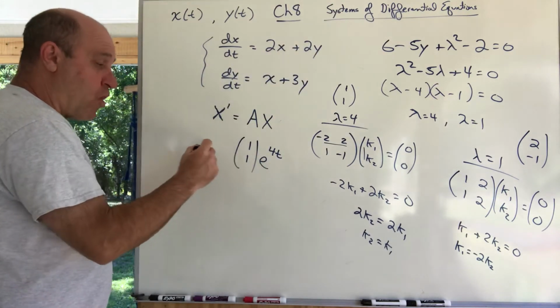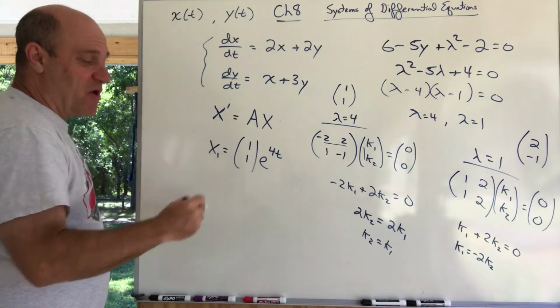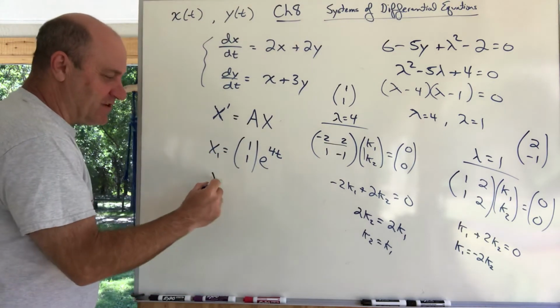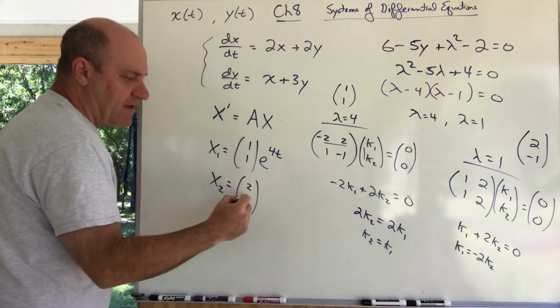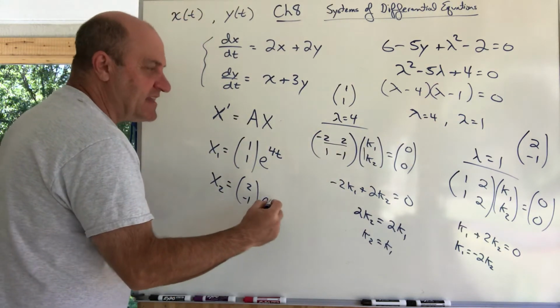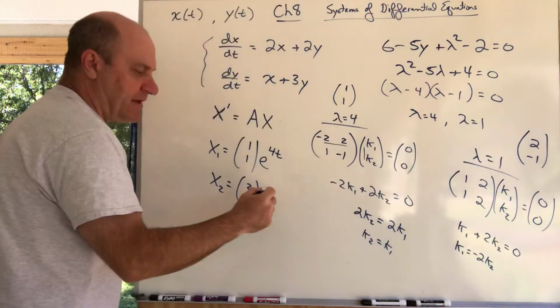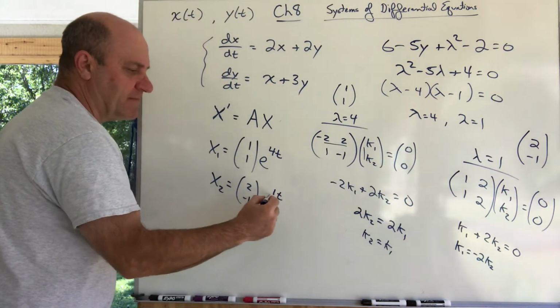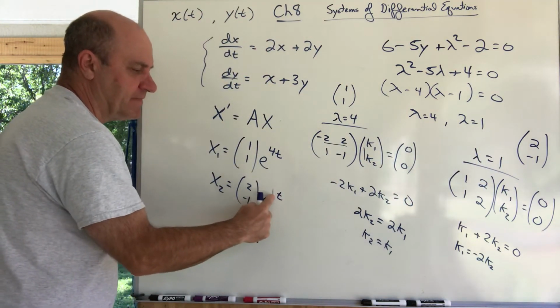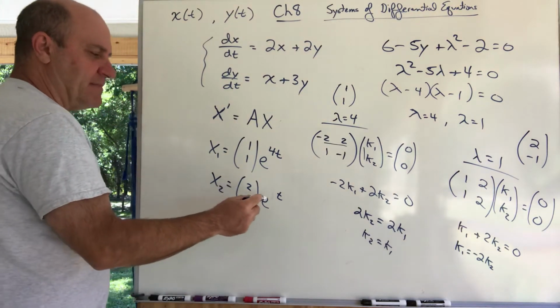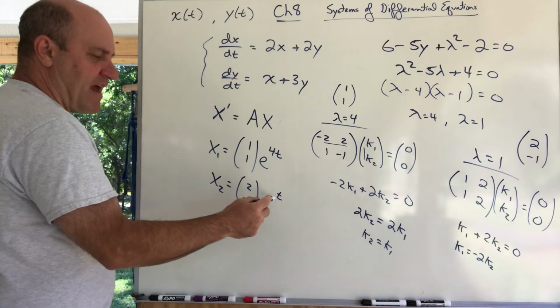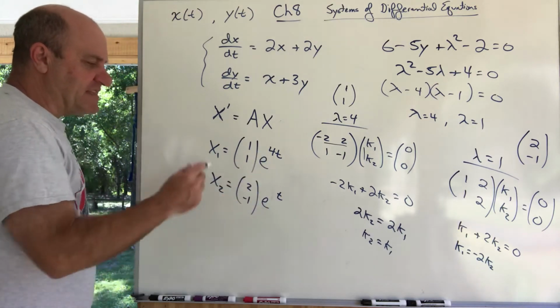And so that's one of the solutions. That's called x1. Guess what the other solution is? x2. It's that other eigenvector, 2, -1, times e to the lambda t, which is just t. It's the eigenvector times e to the eigenvalue times t. So there it is. That's x1 and x2.